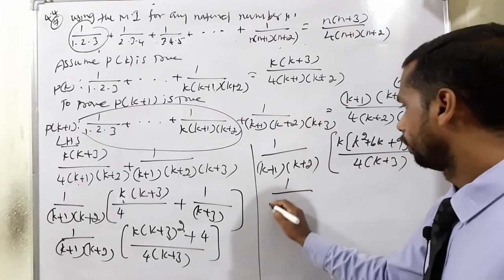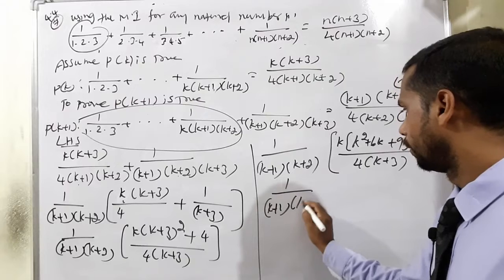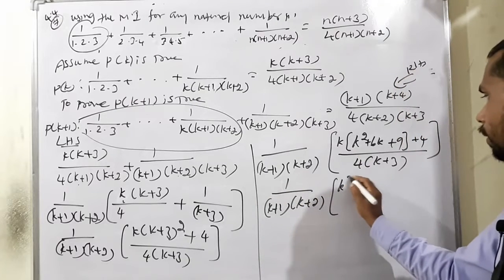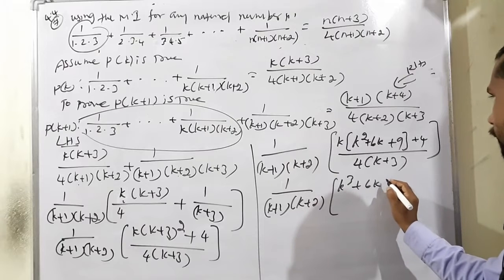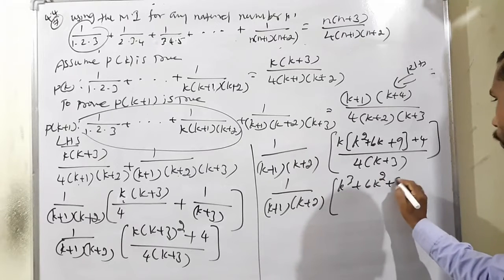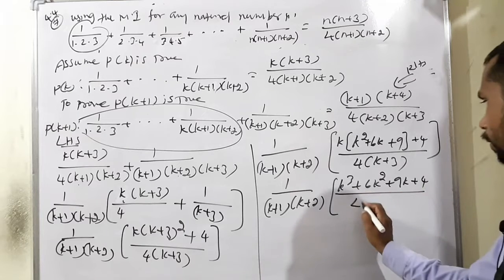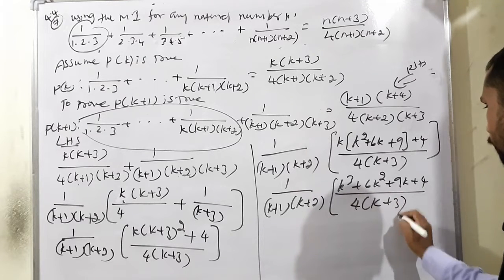Now 1 by K plus 1 into K plus 2, each and every time into K means K cube, then 6K square plus 9K plus 4 divided by 4 into K plus 3.